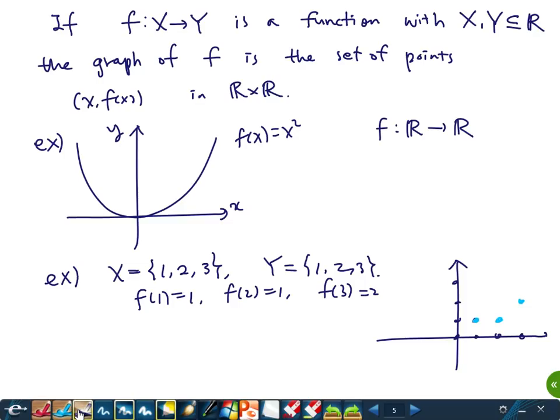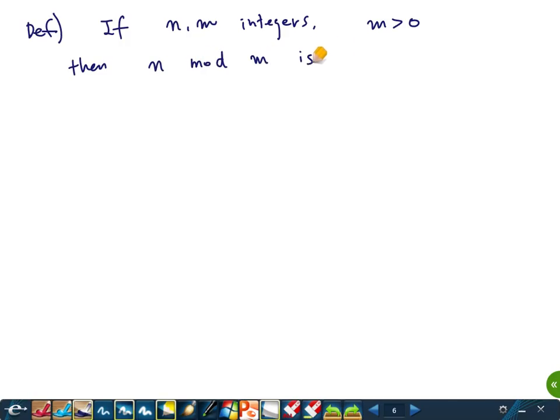There are many functions, of course. We will see many functions. Some functions are important, so they have some name. So, definition: if n and m are integers, and m is positive, then n mod m is the remainder of n when divided by m.